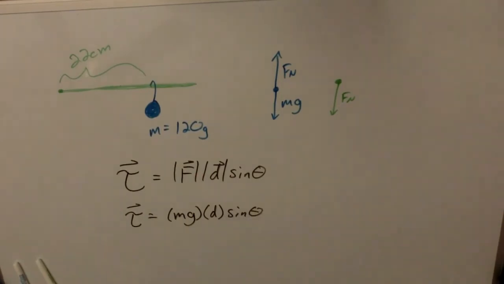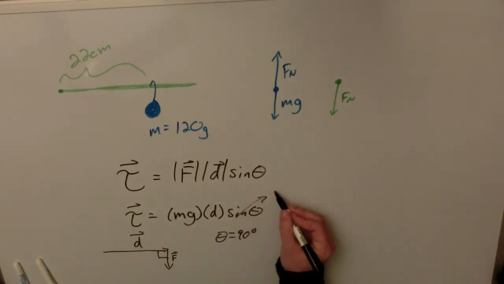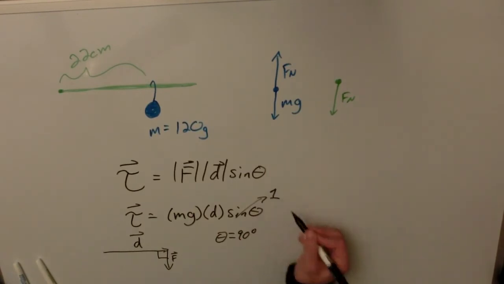Okay, well, I know that my tree limb comes straight out level like that, and that the force is downwards, so this is my force. This is d, and so the angle between them is 90 degrees. Theta equals 90 degrees. So this whole thing's going to go to 1.